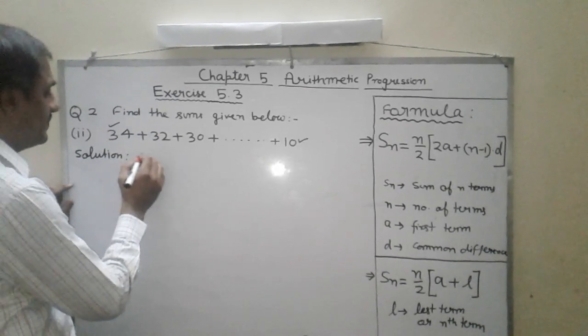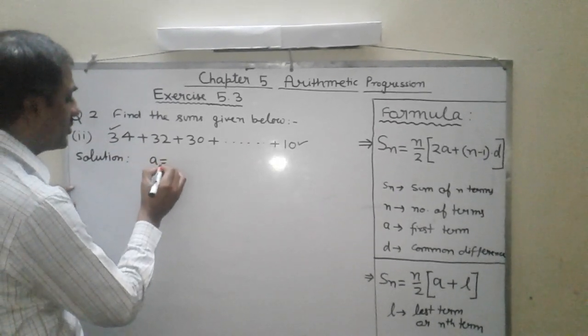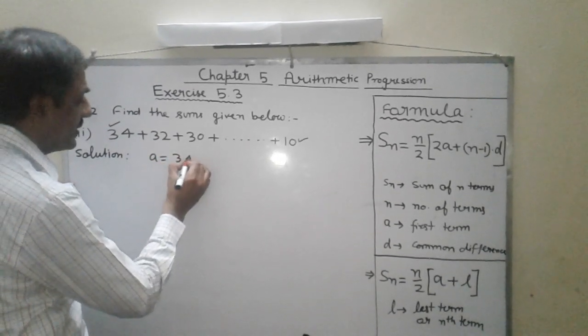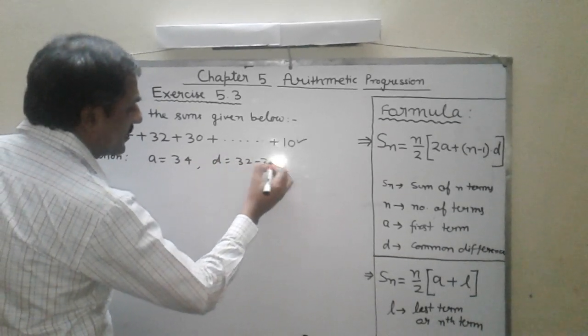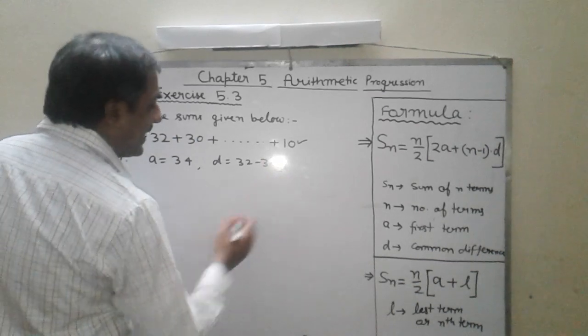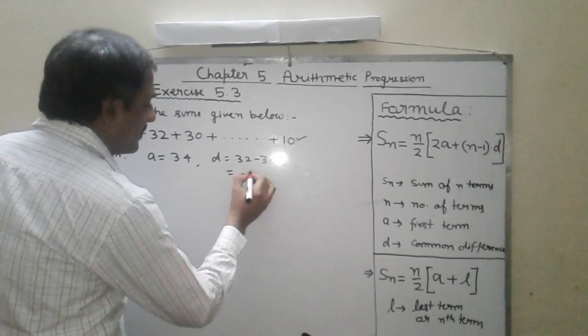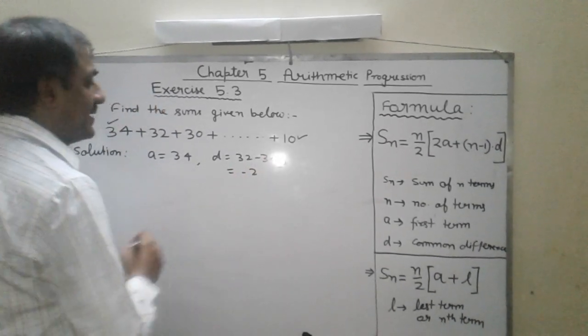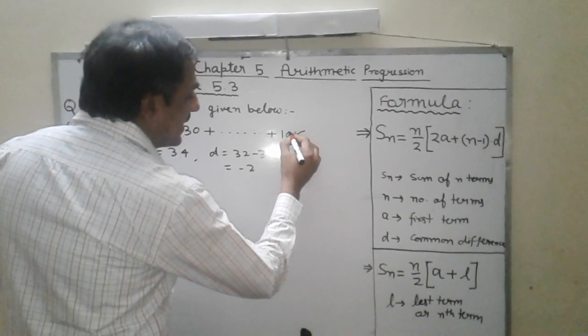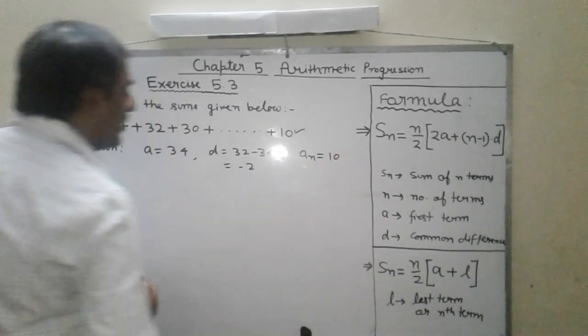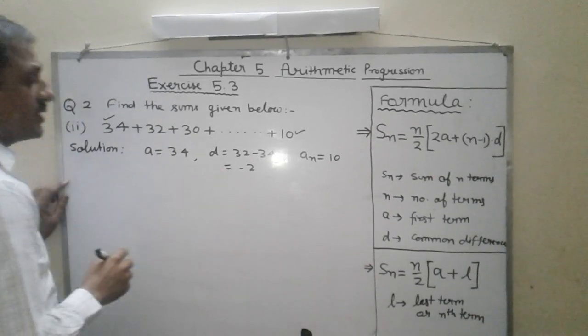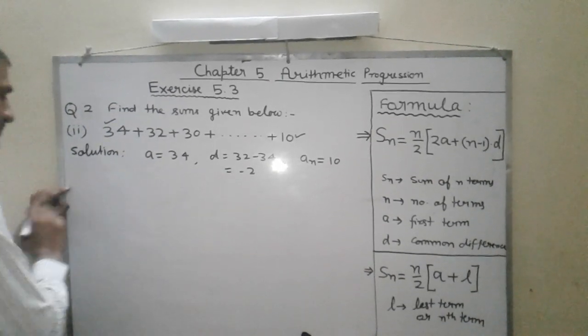The first term is given, a is equal to 34, d is equal to 32 minus 34, and the last term, this is the last term, means an is given. an is equal to 10. With the help of these values, we can find the value of n.